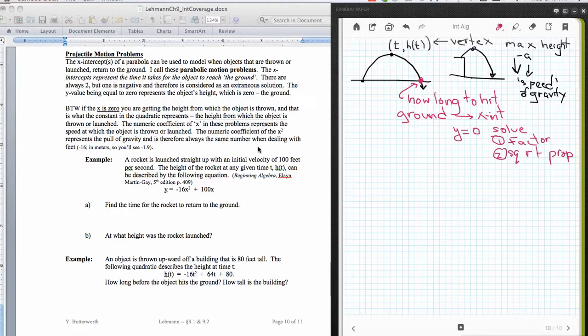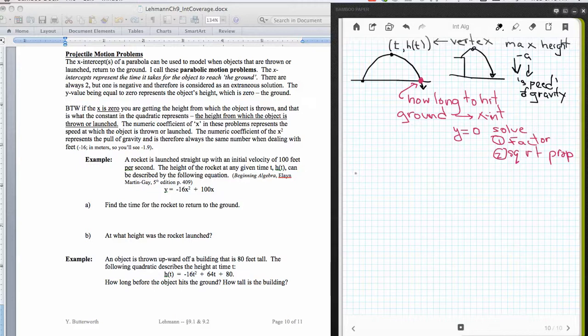So let's investigate our two problems here. We'll probably get through the first one, and then the next one you can give a try on your own. Our first problem says, a rocket is launched straight up with an initial velocity of 100 feet per second. The height of the rocket at any given time t, h of t, can be described by the following equation.